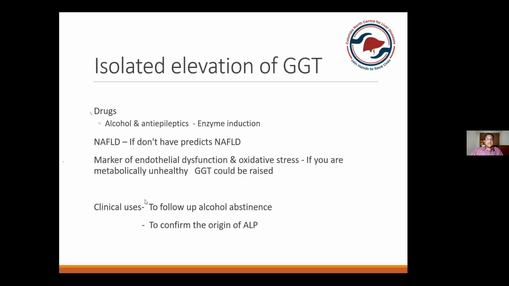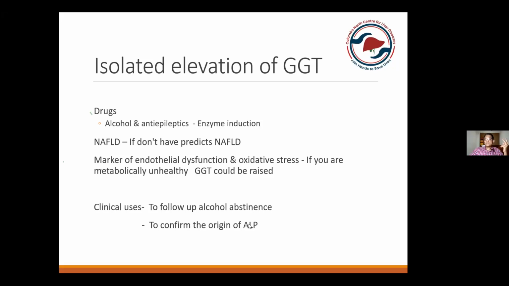So clinically, when do you use gamma GT in a clinical setting? For two reasons. One is to follow up alcohol abstinence. So we all use it in patients who abstain from alcohol to see whether they are abstaining, and to confirm the origin of alkaline phosphatase.